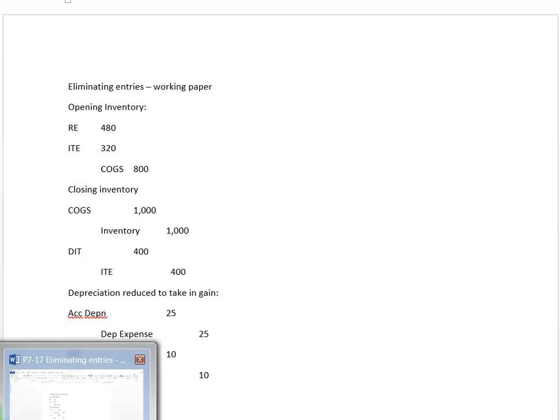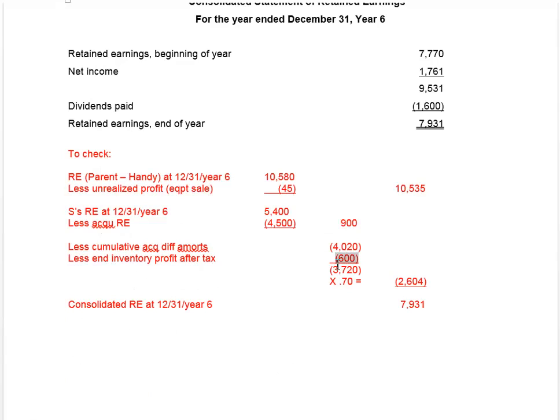So if you go back here, you have to make that ending inventory profit adjustment to the sub's retained earnings because the sub booked that full $600 after tax because it was the seller. It sold it to the parent. So we make that $600 adjustment to reduce our profit, which flowed through retained earnings. So that gives us a net adjustment of $3,720, at our share, which is 70%.